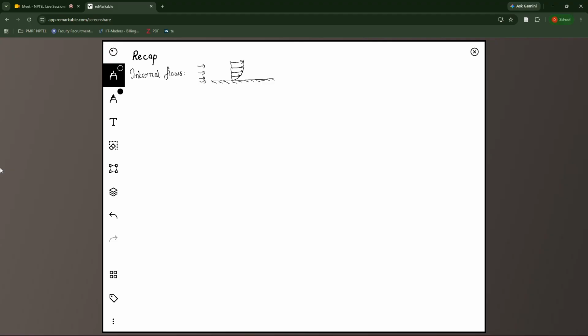In this week, what we were seeing is that this is an unconfined flow. We also call this an unconfined or semi-confined flow, where there is a restriction on only one side of it.